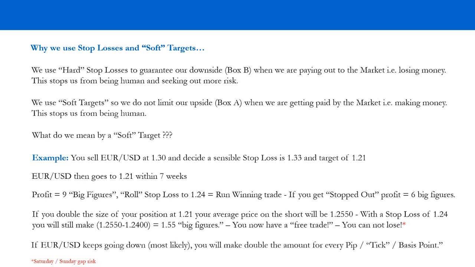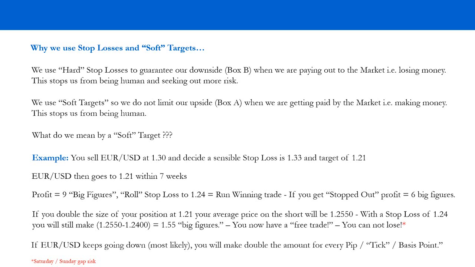You apply a soft target of 121. When it trades at 121, you sell another $100,000, so another one lot, and you double the size of your position. So you do that, your average price on 200,000 short is going to be 1 spot 2550.